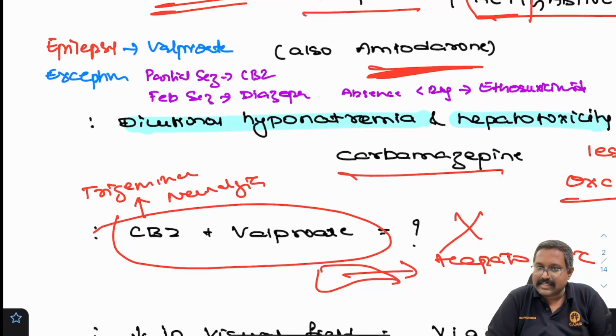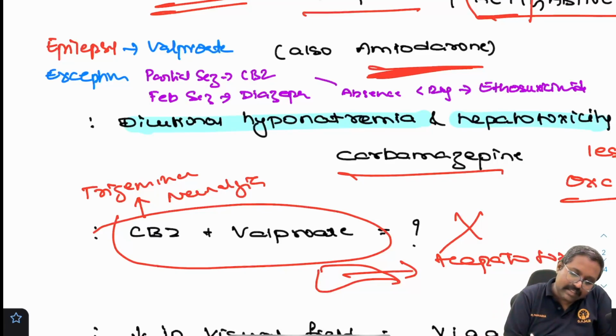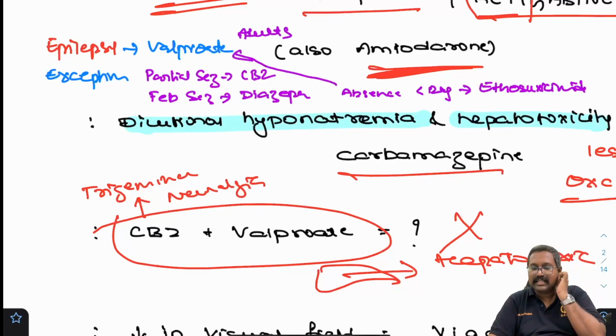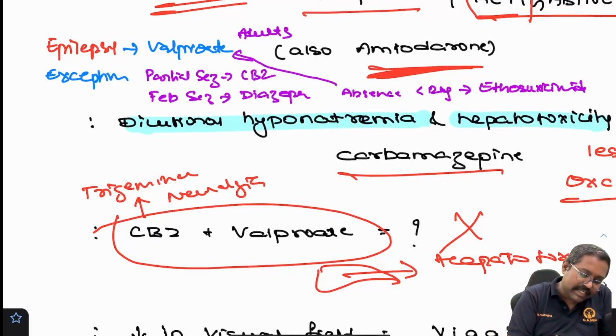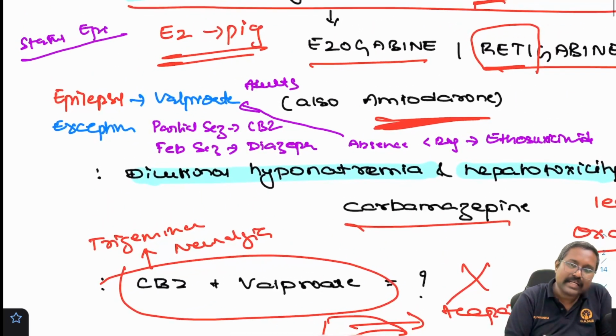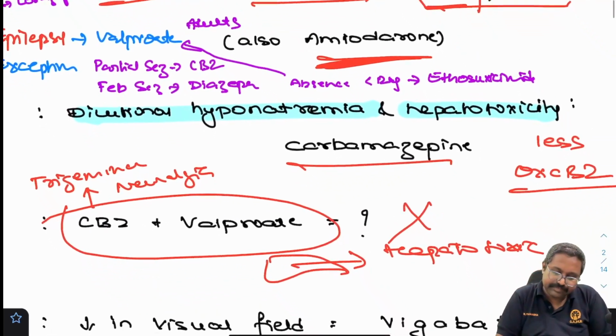If the age is not given, the drug of choice will be valproate in the case of adults. Is that clear? What is the treatment for status epilepticus? The drug of choice will be lorazepam. Is it clear? Okay, fine.